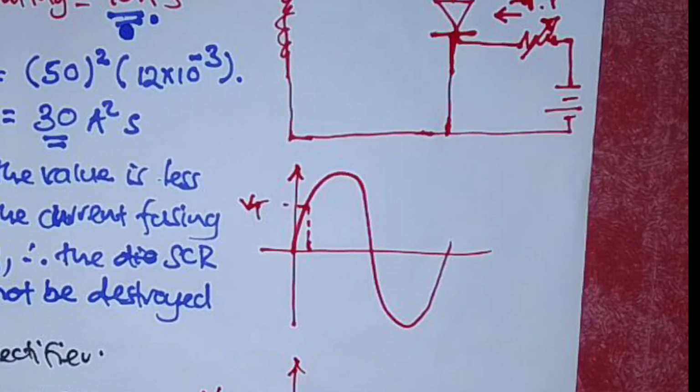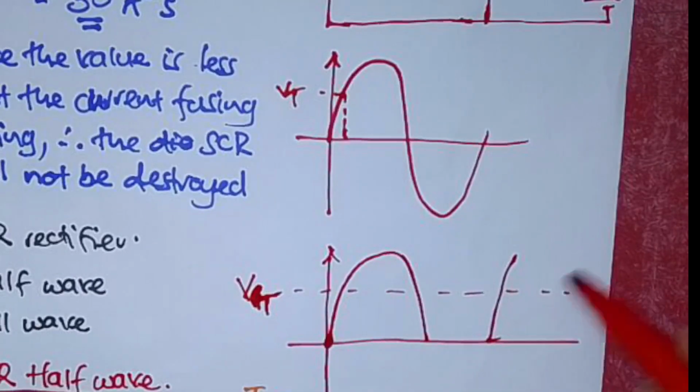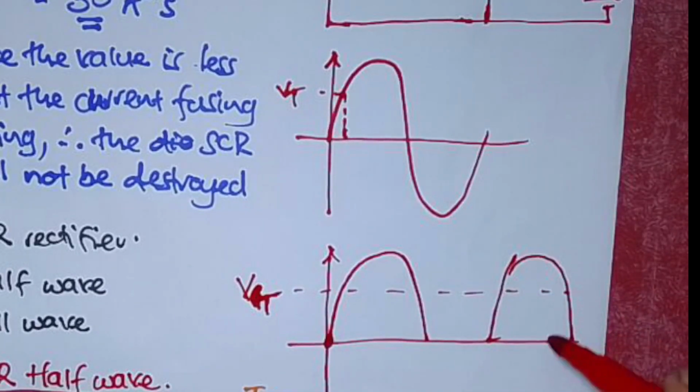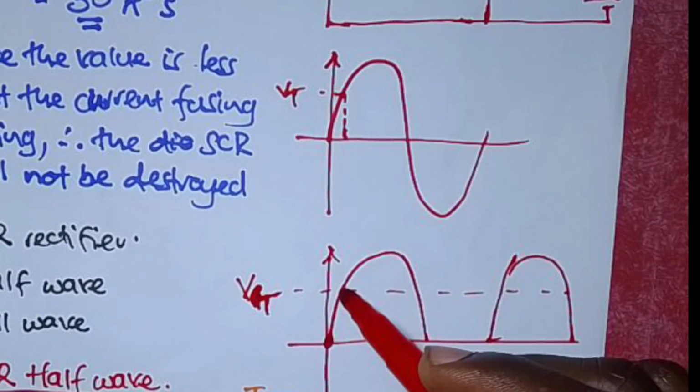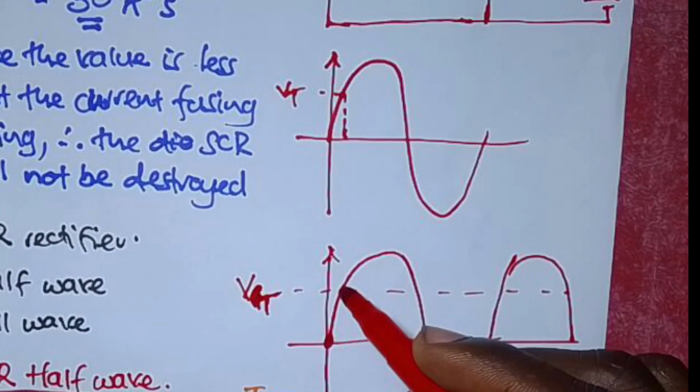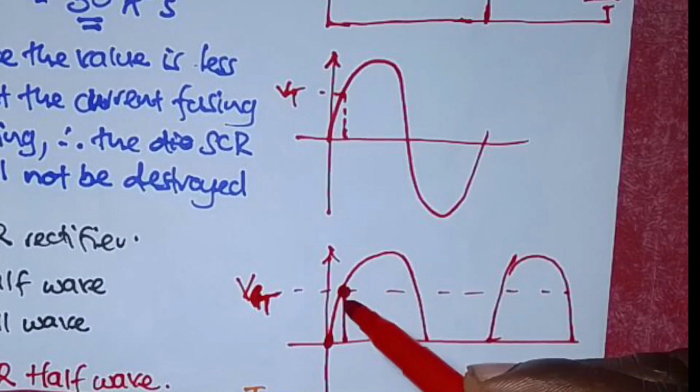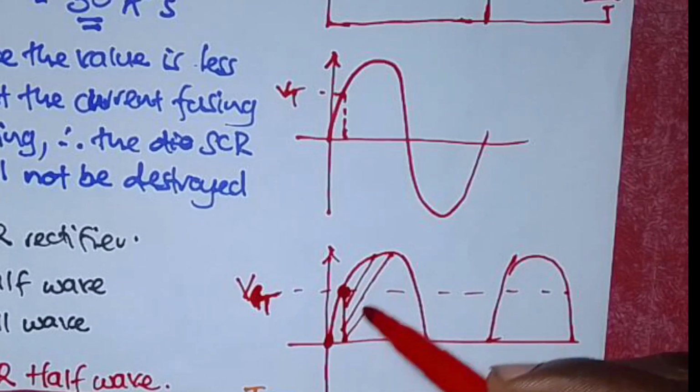So meaning that even if it is a positive half cycle, like the way it was previously, this positive half cycle will not have any output until the voltage reaches this certain value here. When the voltage reaches this value, the output will be there.